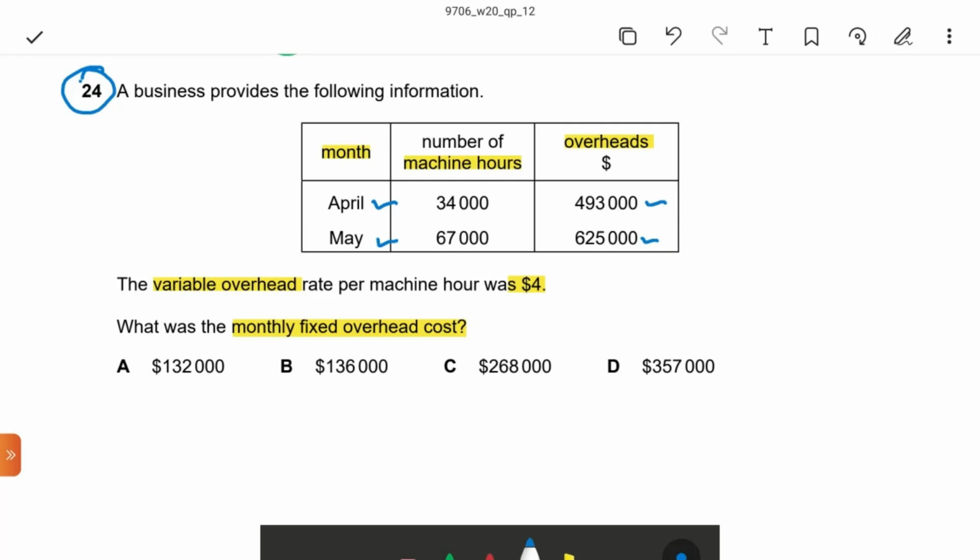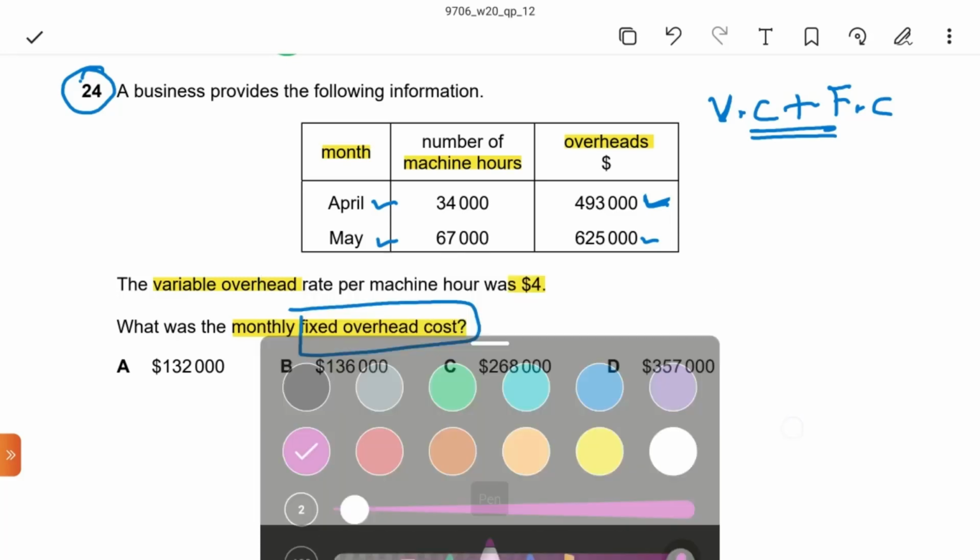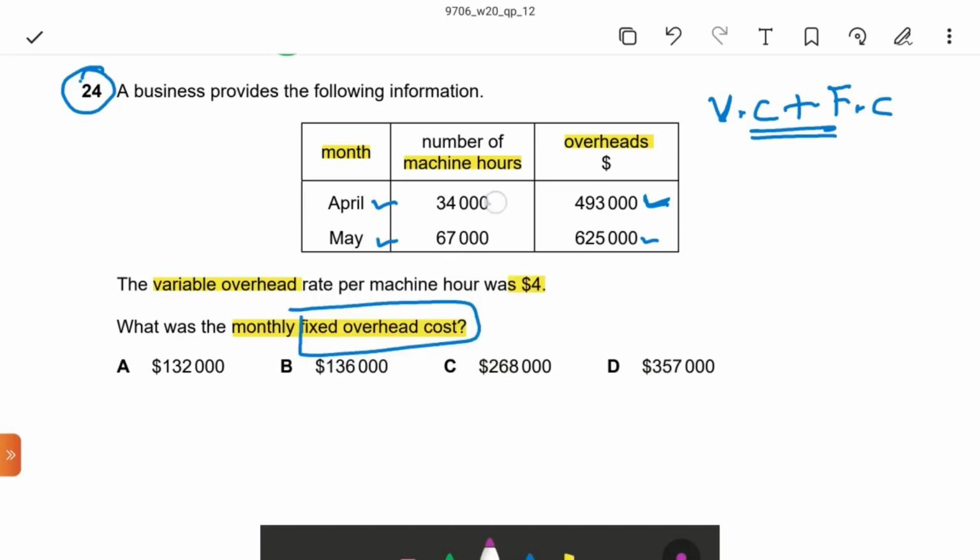So first we have to find the variable cost. The total cost is equal to variable cost plus fixed cost. So here the question is to calculate the fixed overhead cost. The overhead cost is 493,000. This includes fixed cost and variable cost. So first we calculate the variable cost of the 34,000 machine hours.